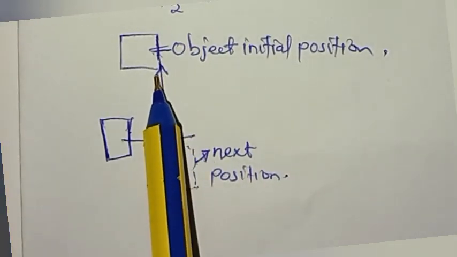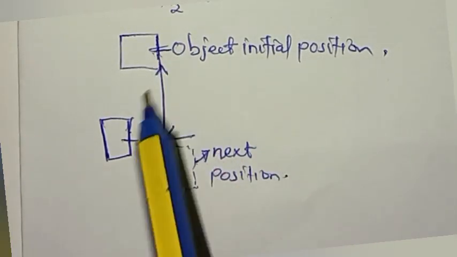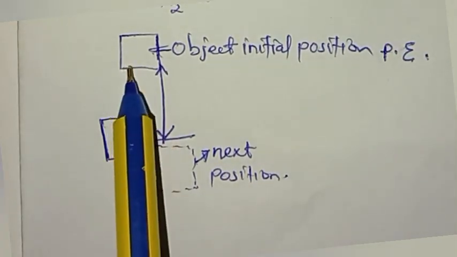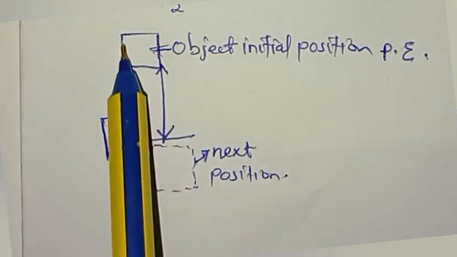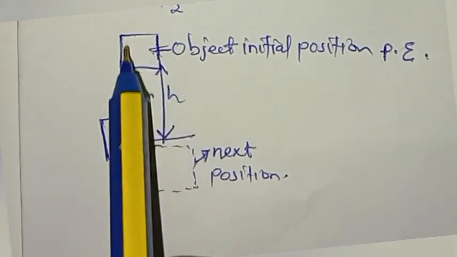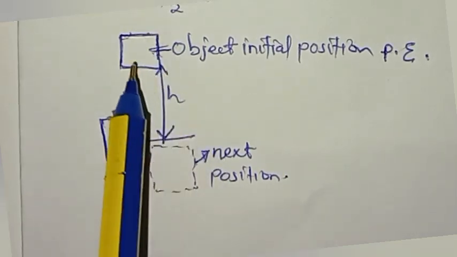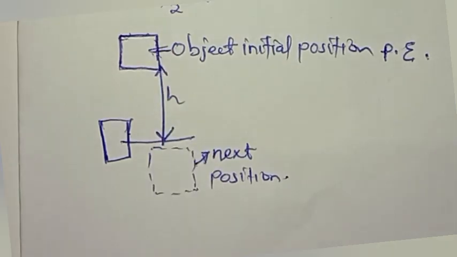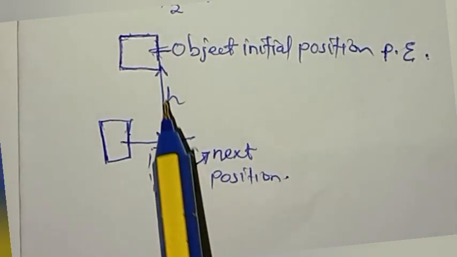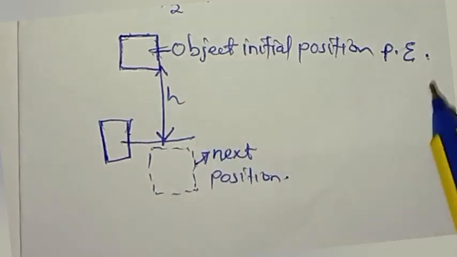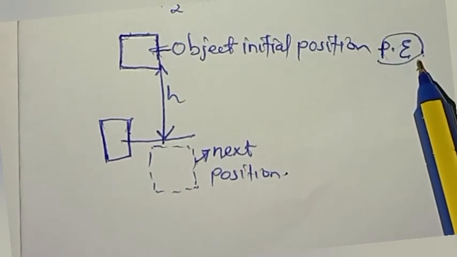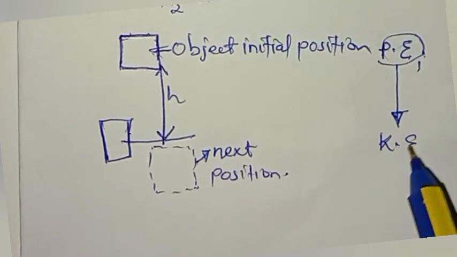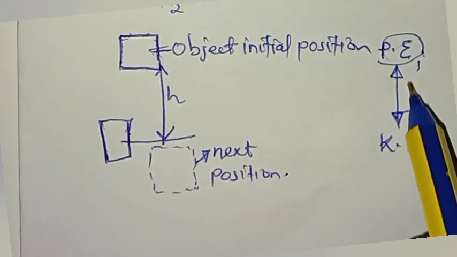When the object is at this point, it possesses potential energy. This was a height, and when it is pushed down, the object will move downwards. And when it moves downwards, the potential energy here will totally be converted to kinetic energy, due to that state of motion.